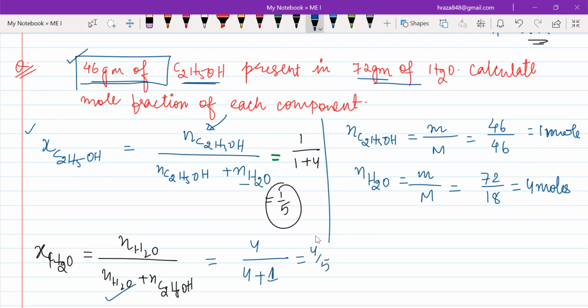So it will give you 4 by 5. Are you getting my point? This mole fraction is unitless because you can see in numerator you have mole and in denominator you have mole, so it will be cancelled. Okay.